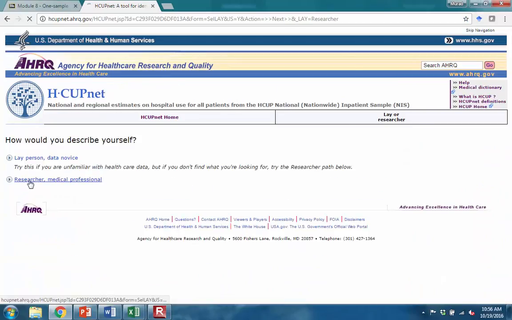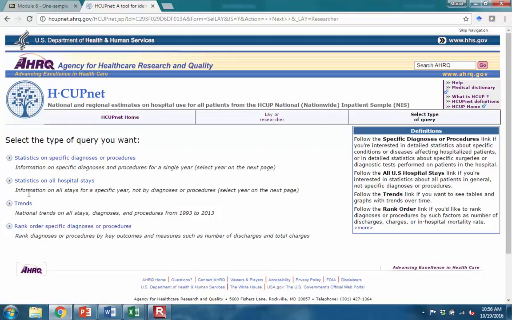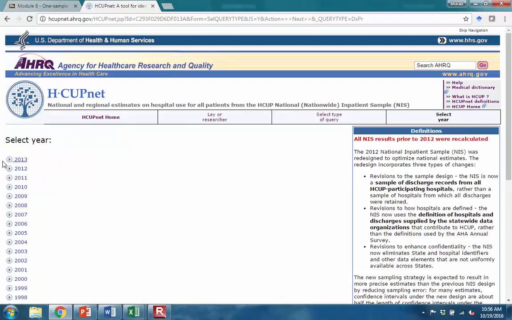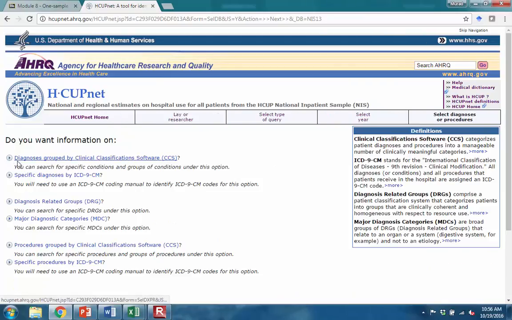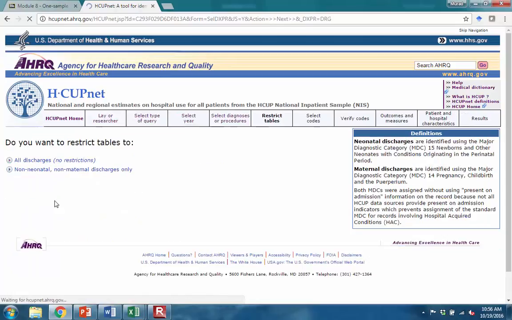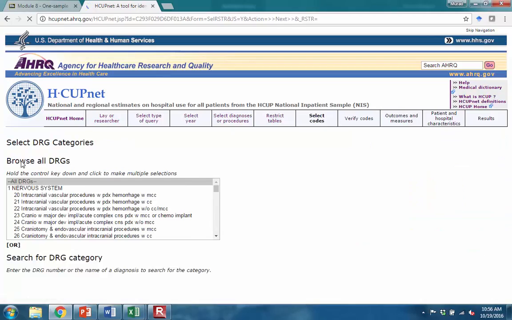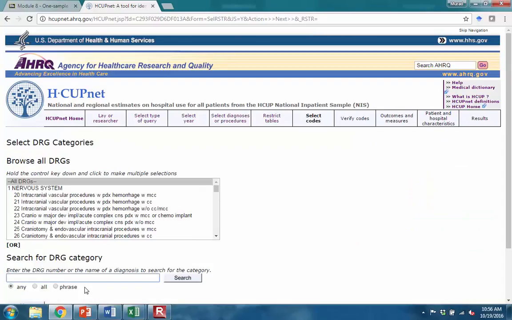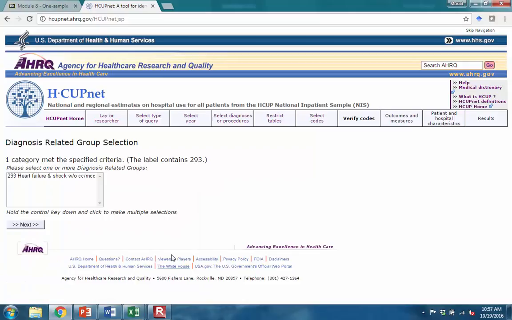And then I will select the researchers, and then I will select statistics on specific diagnosis 2013, and then DRG groups, and then all discharges, and then it is 293. So that's what I'm interested in.